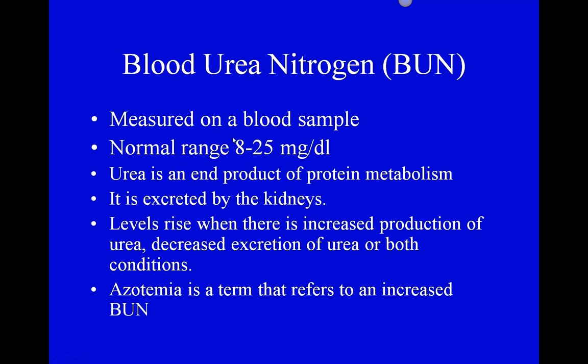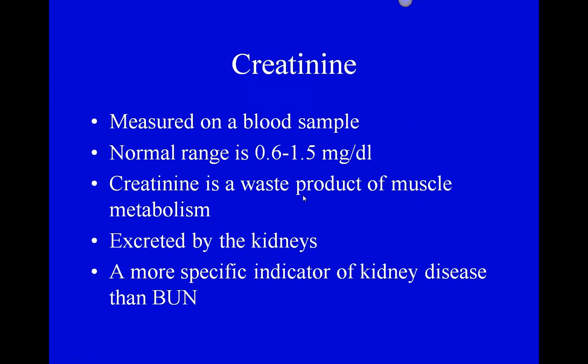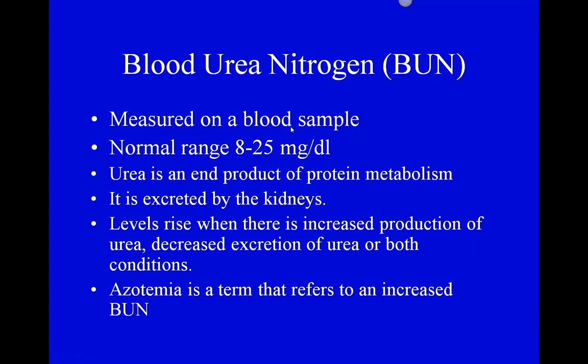The next thing is look at this normal range for BUN. And look at this range for creatinine. Let me go here quickly. See this range for creatinine? So the next thing is sometimes they just tell you the levels and they expect that you'll know which one is the BUN and which one is the creatinine. So can you see that the creatinine is always in decimals, or it's a very small number compared to the BUN, which is larger?